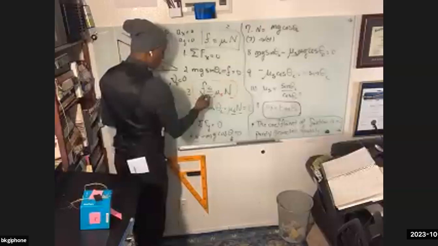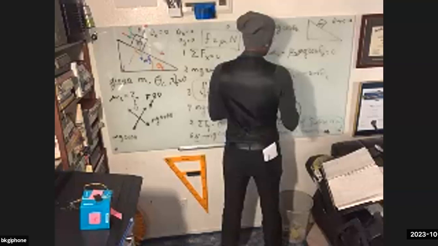So where the mass is actually sliding down and the velocity is constant, again ay and ax are zero.